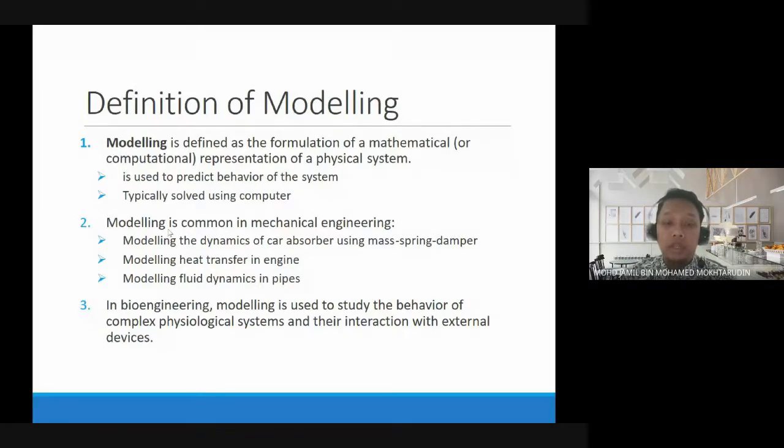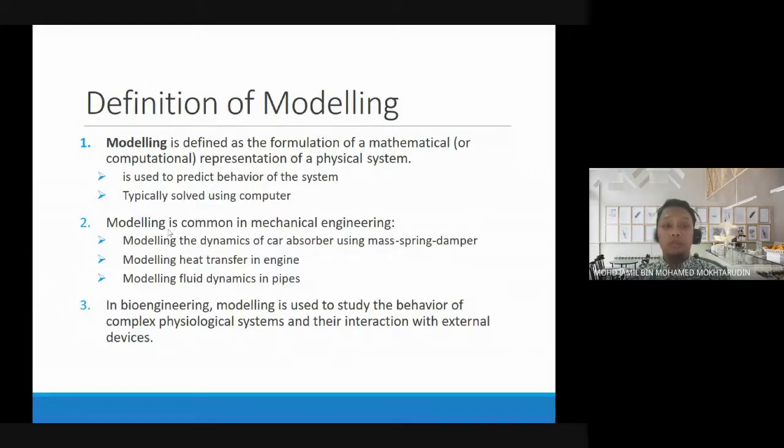So in bioengineering, modeling is used to study the behavior of complex physiological systems, such as our heart. Our heart keeps beating, and it has blood flow as well as electrical signals. So it requires a complex mathematical model to represent the system, and sometimes it can be used to study the interaction between the organs and some external device, such as in surgery, for example.